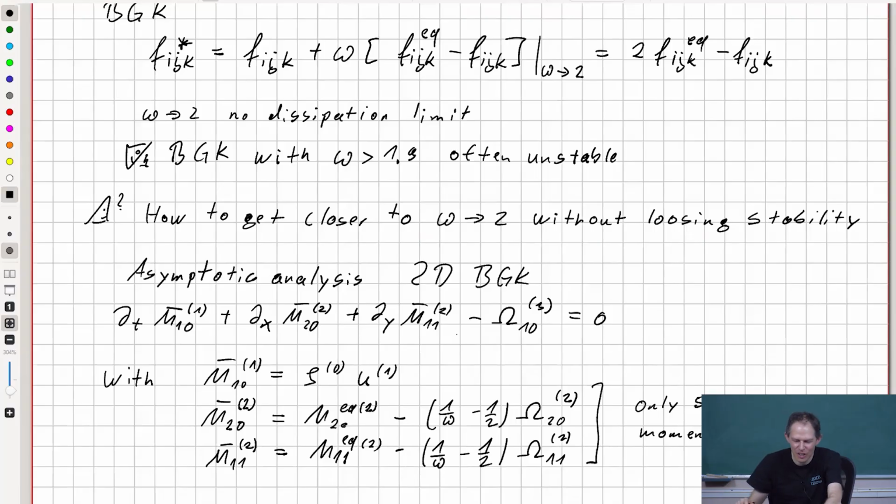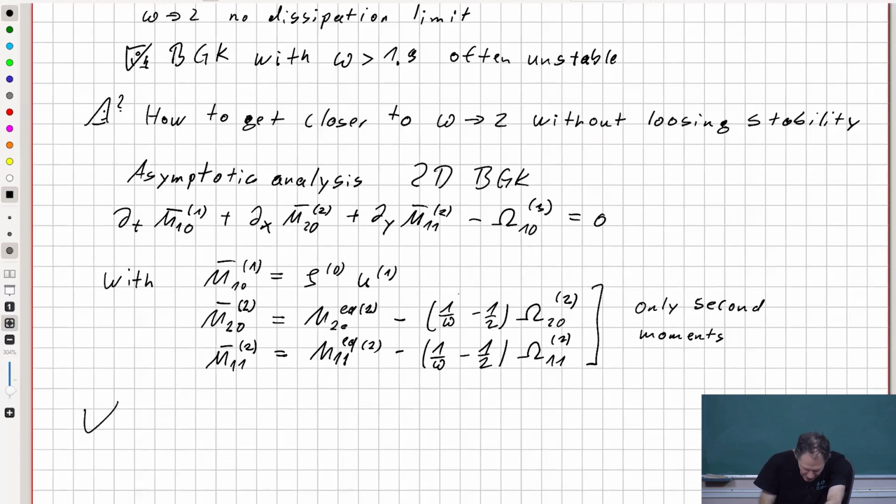Now it's the question, is this a good decision or a bad decision? Actually, this decision has advantages and disadvantages, but we have to look into the detail. First we have to see what else we can do, and then we have to see what problems that causes that are actually not present in the BGK.